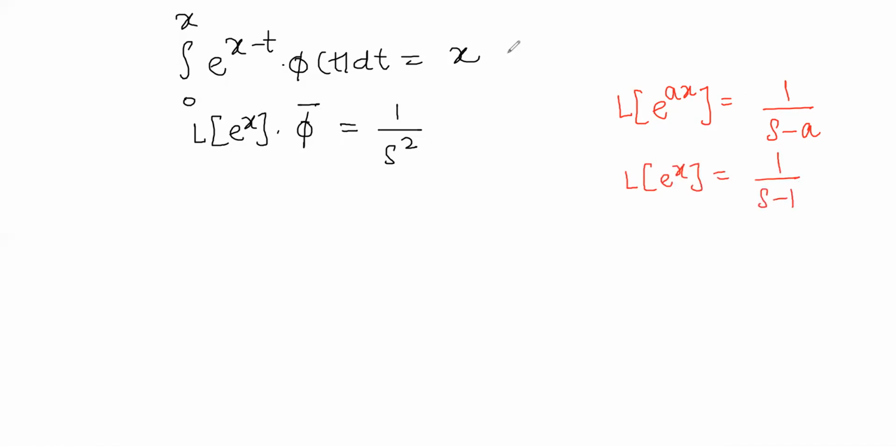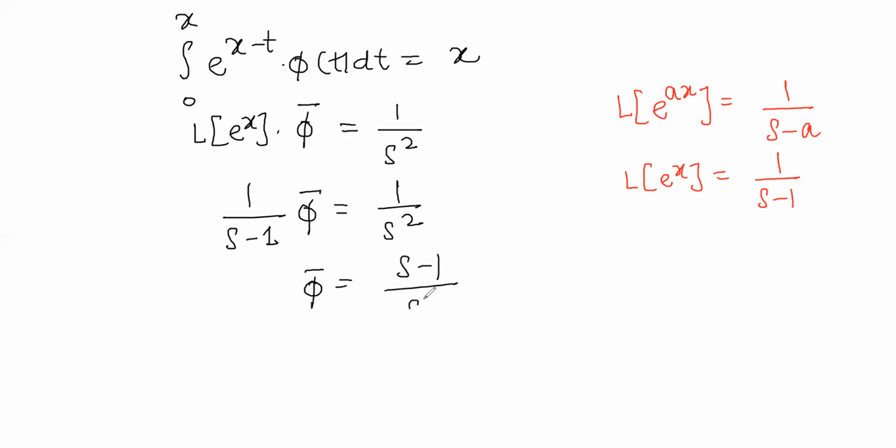So replace here. You're getting 1 upon s minus 1 into phi bar will be equal to 1 upon s square. So phi bar would be s minus 1 upon s square. Okay, so phi bar would be equal to 1 upon s minus 1 upon s square.